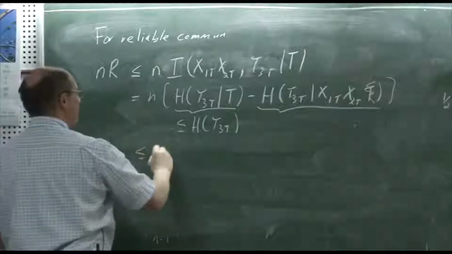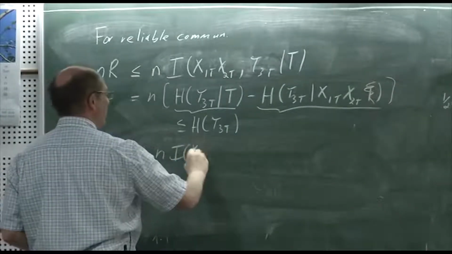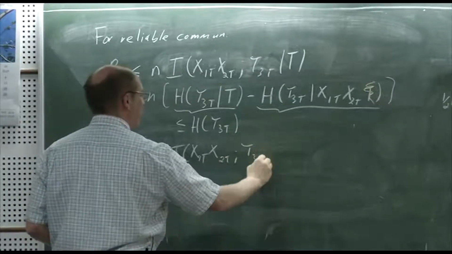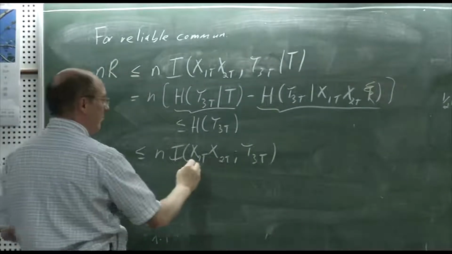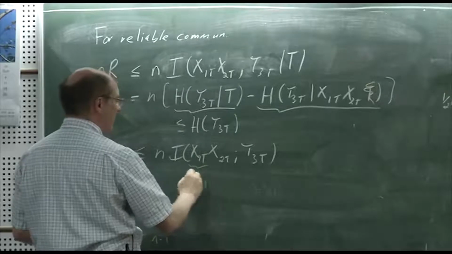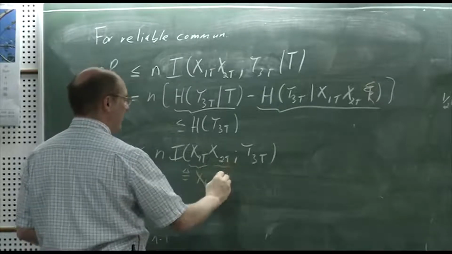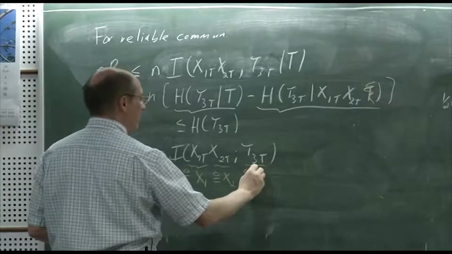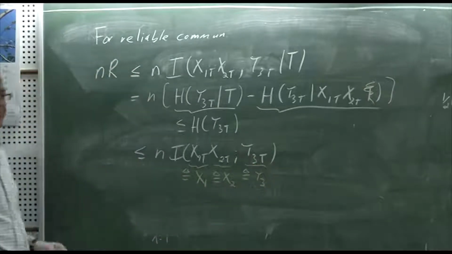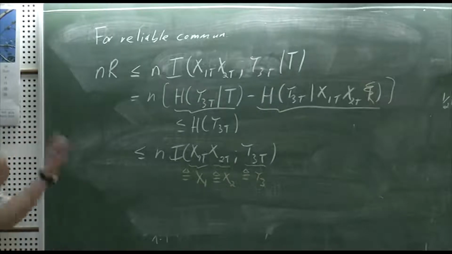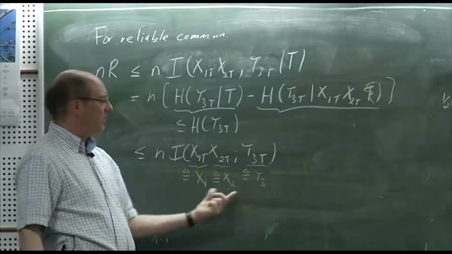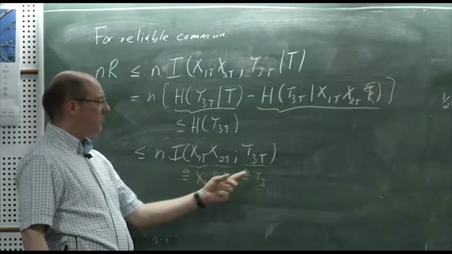So indeed, this is less than I of x1t, x2t, y3t. And now I just rename the random variables. I'll just call this x1, I'll just call this x2, I'll just call this y3. Okay, that's just a renaming, where the important thing is that y3 is generated always from x1 and x2, as we saw.